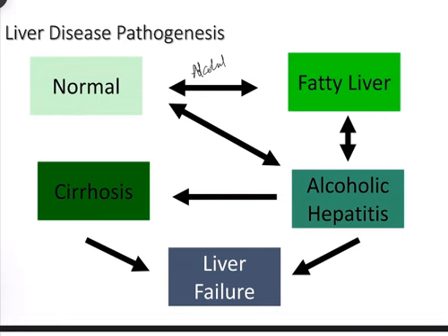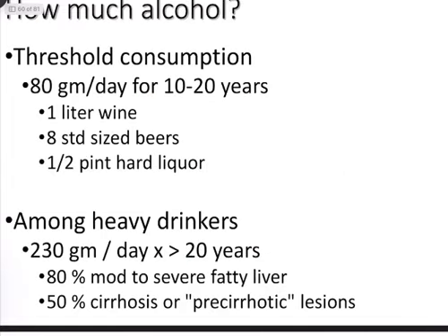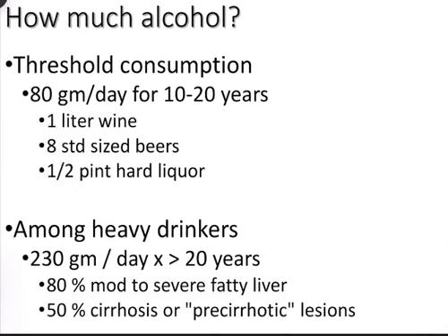Okay, what can we say here? All agents that can be toxic to your liver can cause liver failure. Okay. How much alcohol? There is a threshold with regards to your alcohol consumption. 80 grams per day for 10 years is your threshold for alcohol consumption.